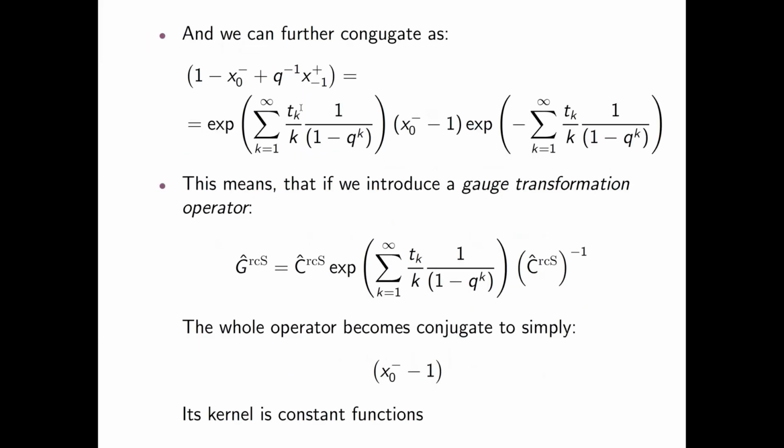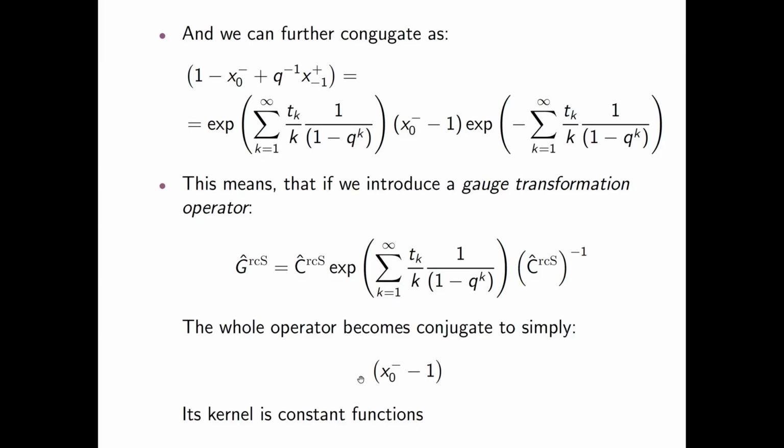Then the next step is we show that this whole thing is conjugate just to the Macdonald Hamiltonian, minus one. And this operator here, we know its eigenfunctions because this is the Macdonald Hamiltonian. We know it's diagonalized by Macdonald polynomials. So our whole equation simply reduces to finding the kernel of this operator x0 minus, and we know the operator with which it's conjugate. This G hat here is the so-called Gaussian transformation operator.